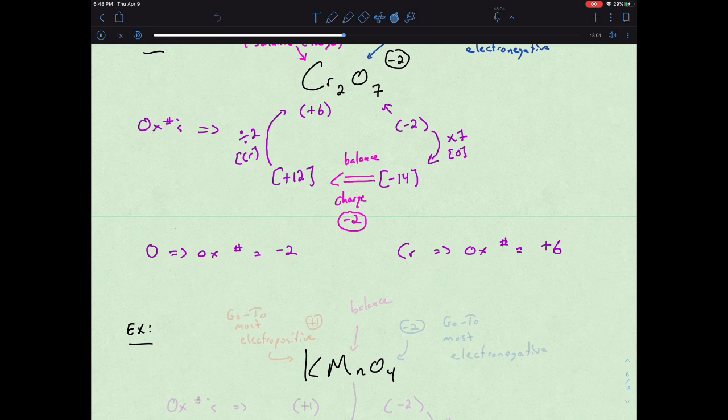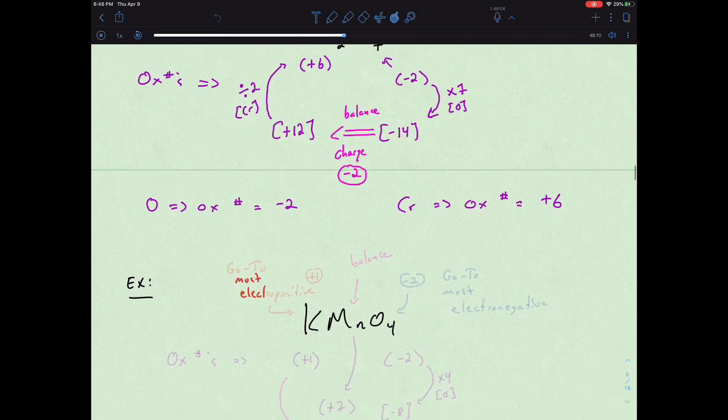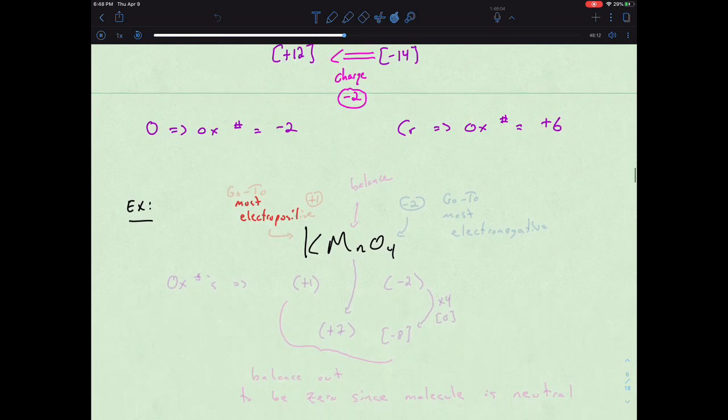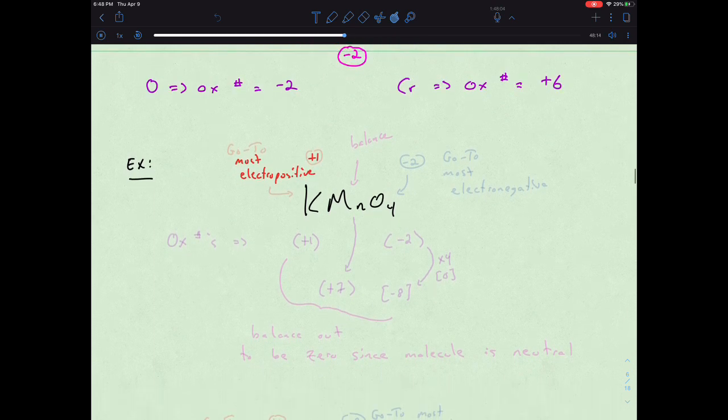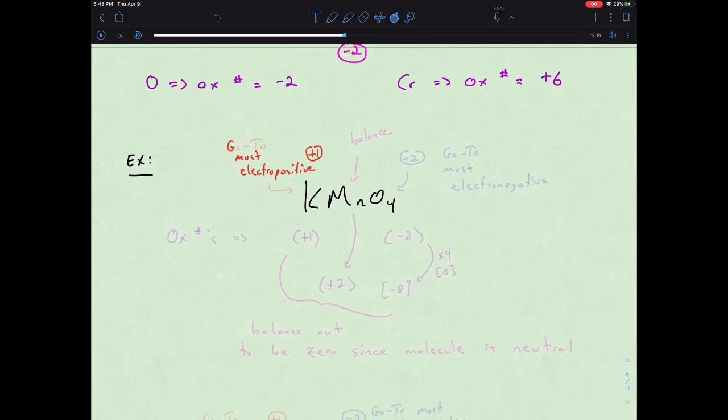So we have our most electropositive, potassium, which is going to be that +1. That's one of those go-to group 1A elements. We have our oxygen as well. We see that a lot for our go-to most electronegative.